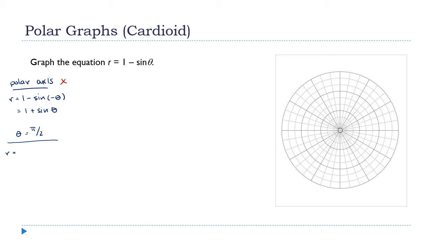So that looks like r equals 1 minus sine of pi minus theta, which is 1 minus sine of pi cosine of theta minus cosine of pi sine of theta.